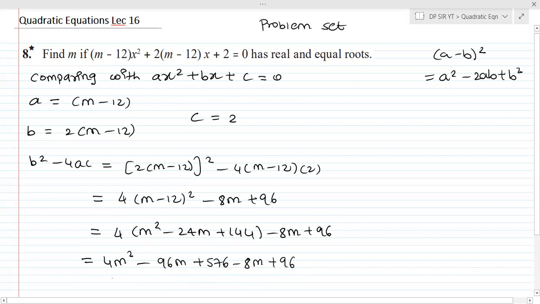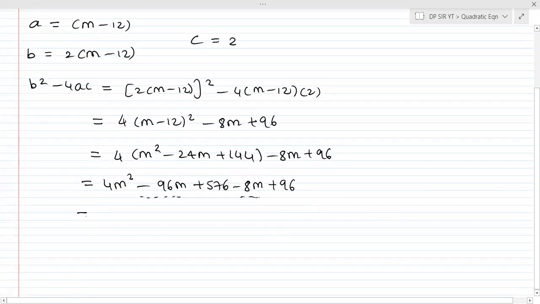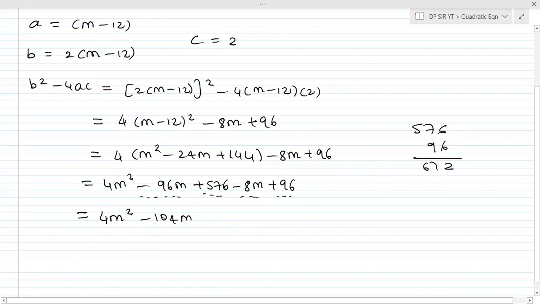Therefore solve this now: minus 96m minus 8m will give you minus 104m. Shall I write it? Here it's going to be 4m square minus 104m, and what else comes, 576 and 96. So always keep it a habit of solving. 576 plus 96 is 672, so plus 672.